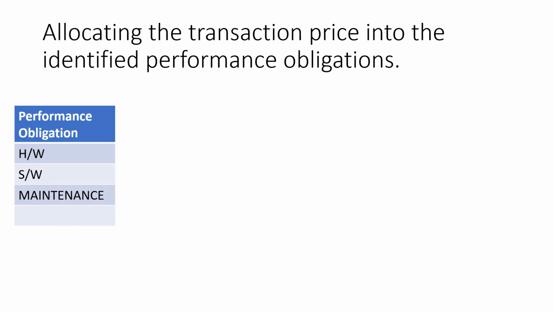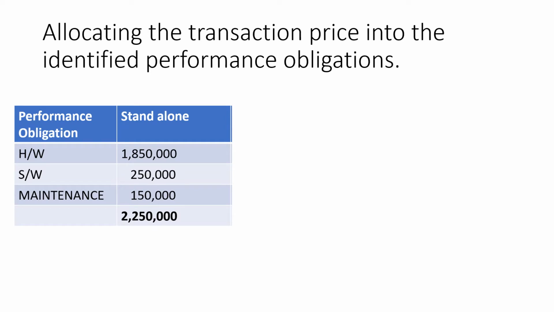Now in the question, it's mentioned the standalone price or the separate prices for each item. The total of the standalone prices together is 2,250,000. Now let's distribute this allocated price according to the agreement of the ABC company.